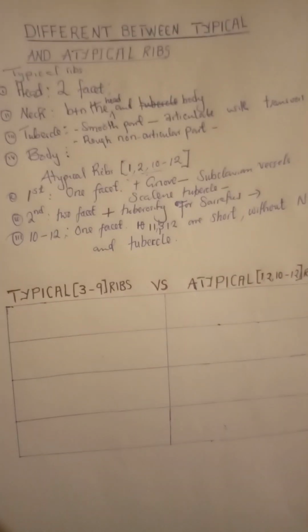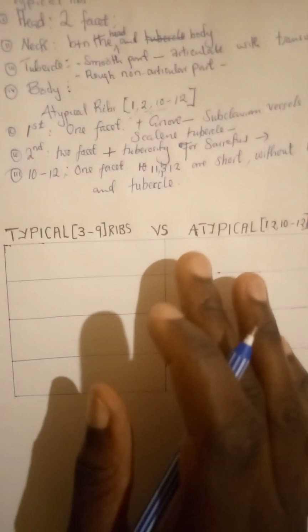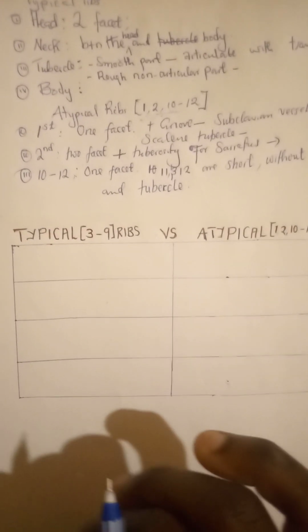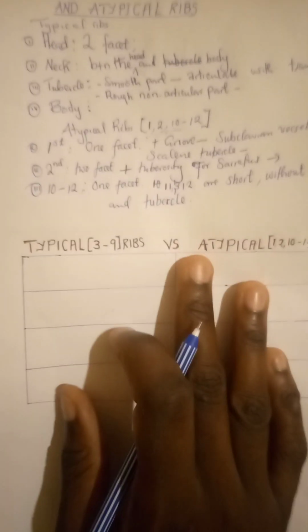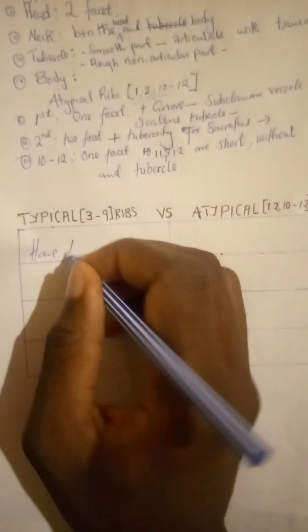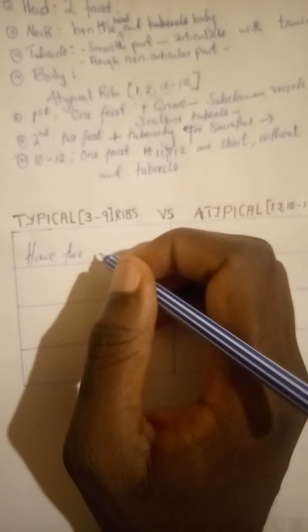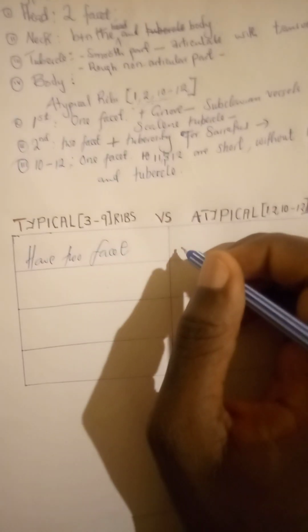So based on this, we are now going to highlight the differences between these ribs, based on what we have discussed. To start with, the typical ribs all have two facets on the head.